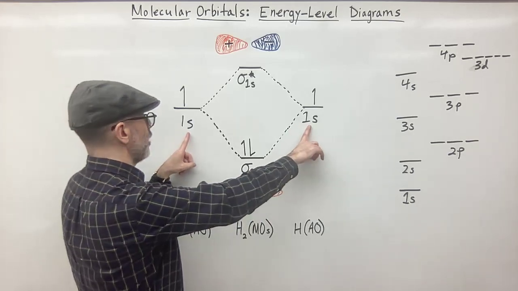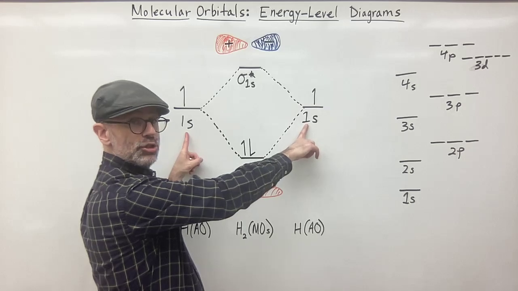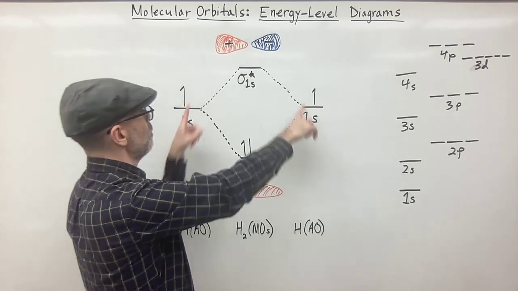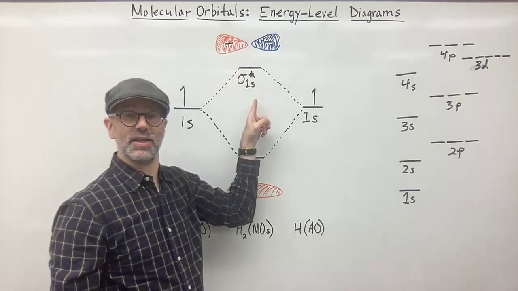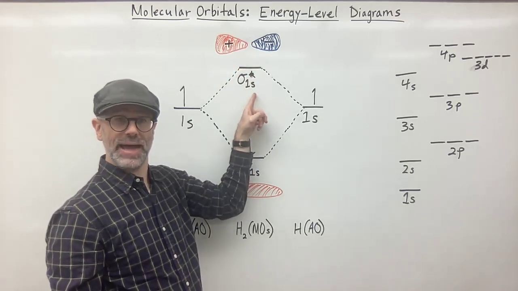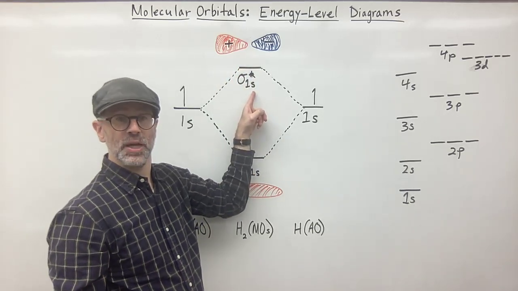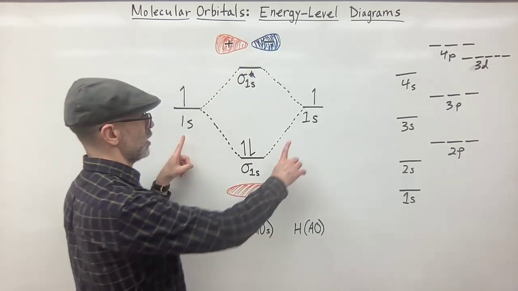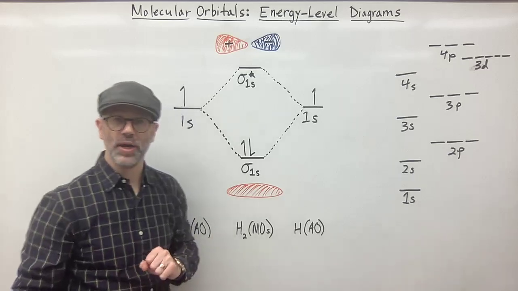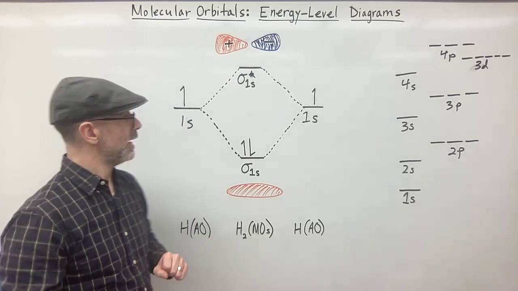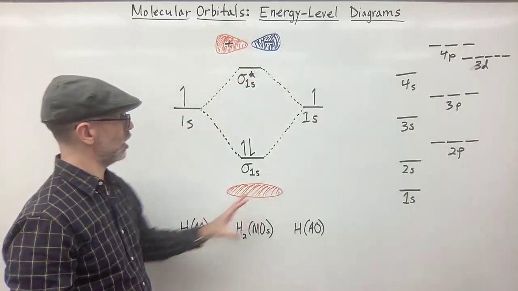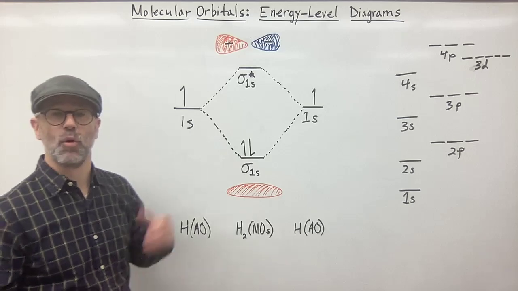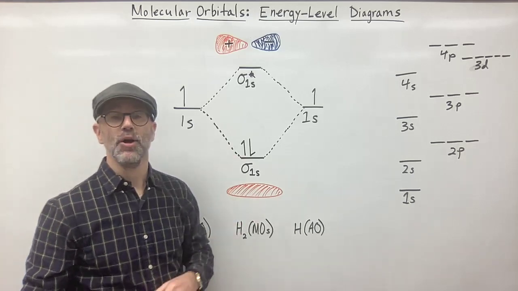So they're able to be closer to the nucleus in the 1s atomic orbitals, compared to the sigma 1s star antibonding molecular orbital. So the antibonding molecular orbital is going to have a higher energy compared to the 1s atomic orbitals. And so that is a picture of how to understand the molecular orbital diagram, or the energy level diagrams for molecules.